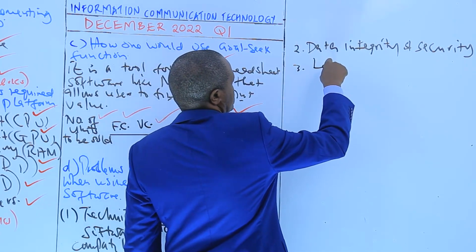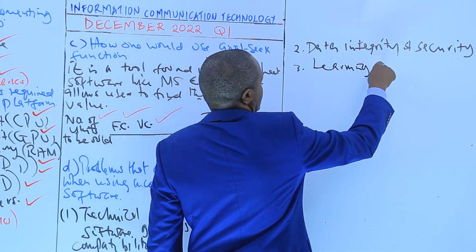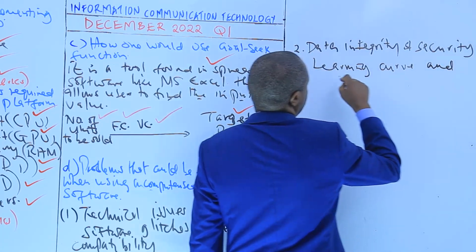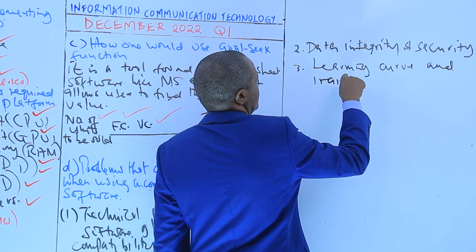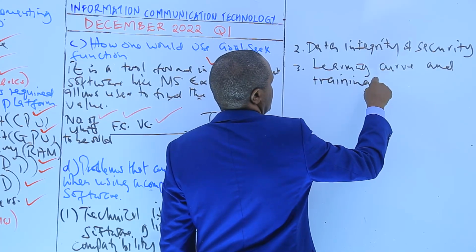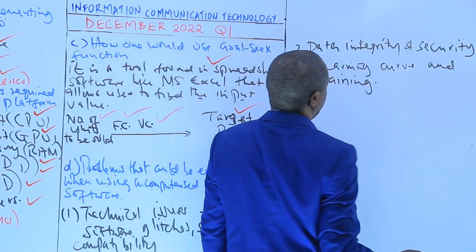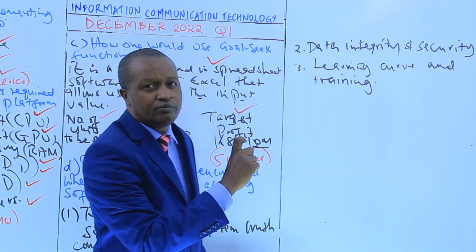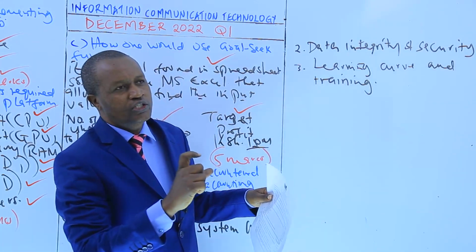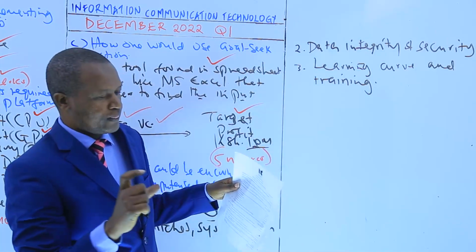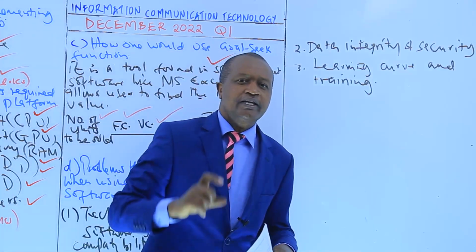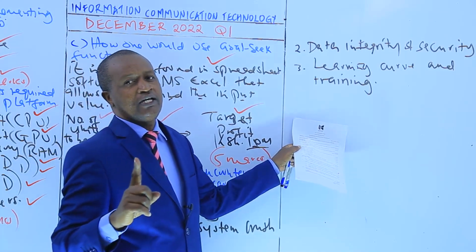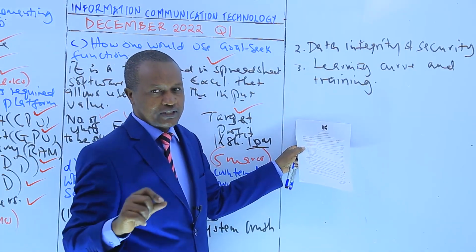3. Learning curve and training. Candidates transitioning to computerized accounting software may require employees to acquire new skills and to adapt to new processes.